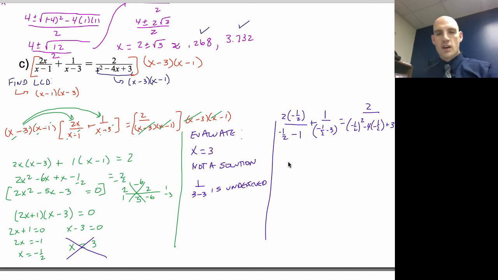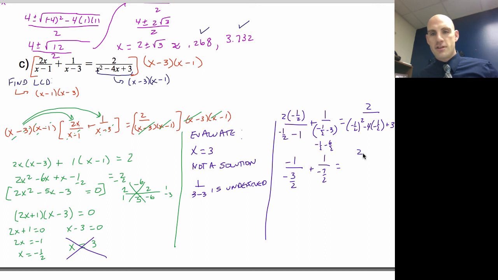On top I'd have negative 1. On the bottom I would have 1 half, and negative 1 half minus 1 would be negative 3 halves. And so I'd have plus 1 over, now this would be negative 1 half minus 6 over 2, so this would be minus 7 over 2. This is just common denominators.